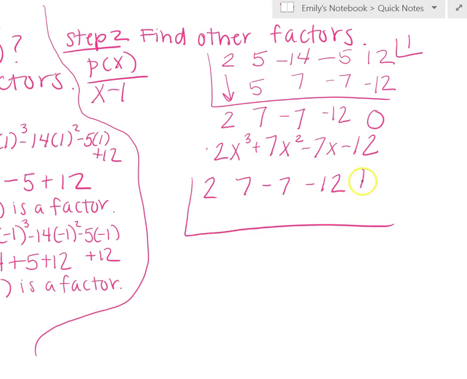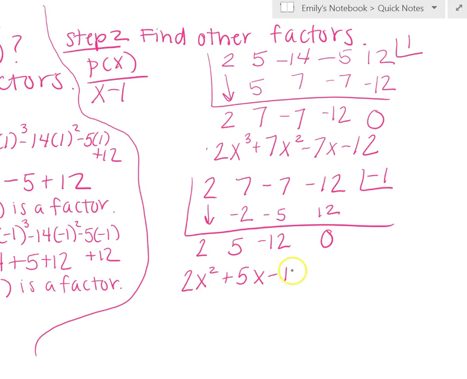This time the root is going to be negative 1. I got a 0 remainder again, which is what I anticipated because I know x plus 1 is also a factor. So this means that I have 2x squared plus 5x minus 12.